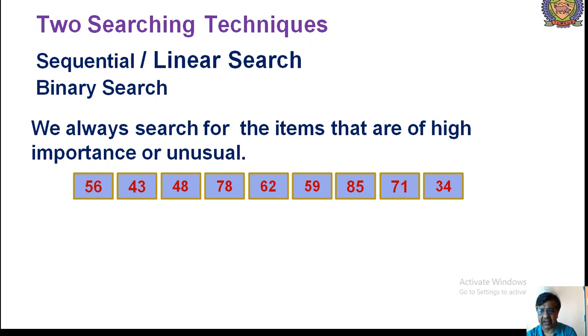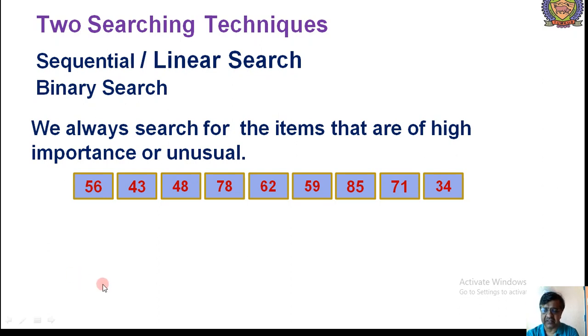This is an example of an array of 7 people, the weights of 7 people who are in the enlisted panel of selectees in, maybe, an army recruitment, let us say.